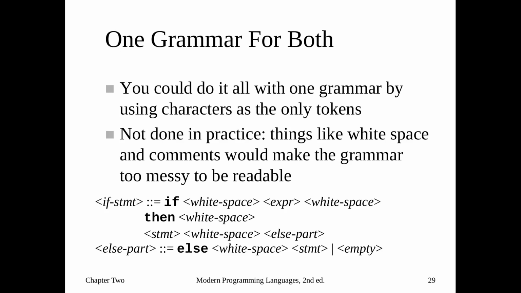Essentially, there are two ways to do this. We can either describe a grammar that combines everything together, or two separate grammars, one for the lexer and one for the parser.